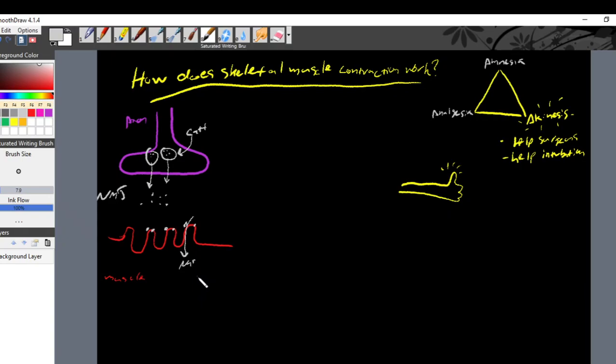That causes a propagation of an action potential, causing the release of calcium from the sarcoplasmic reticulum into the cytoplasm. So this is the sarcoplasmic reticulum. And from there, the calcium will bind to troponin, tropomyosin, that whole system, actin and myosin, and will lead to contraction.